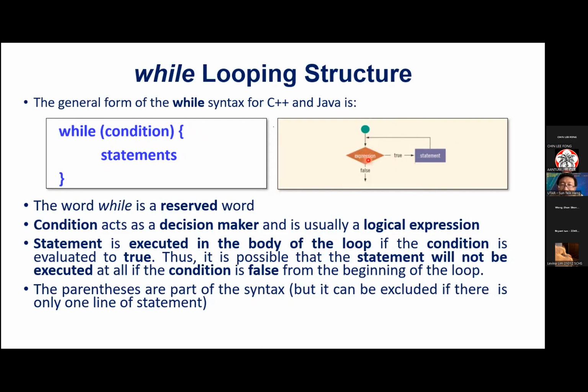This will continue to repeat itself until the condition is false, and then the while loop will terminate and you'll come out. You'll perform the rest of the program. So for this type of while loop, we have to first check the condition, depending on whether it is true or false.